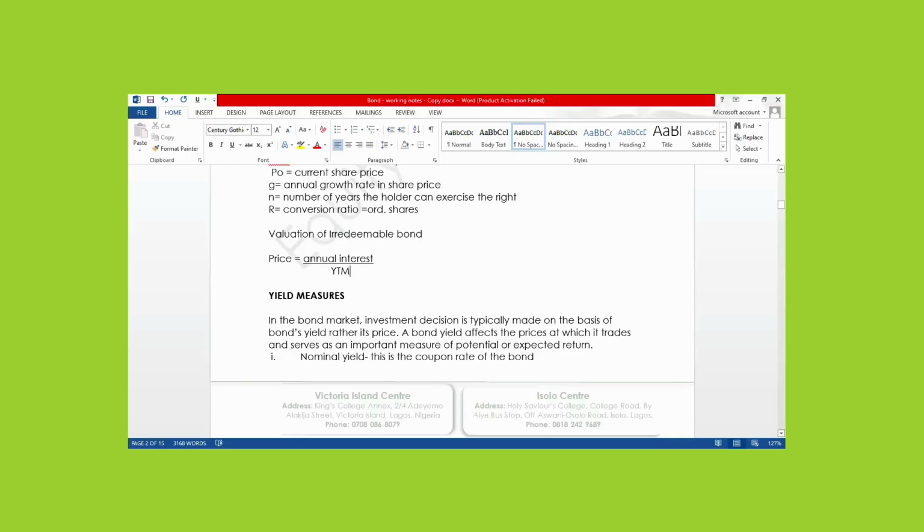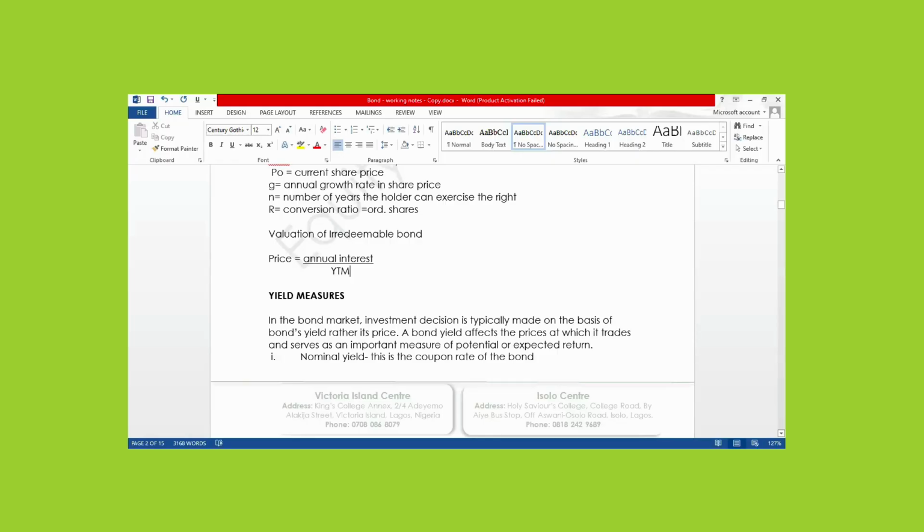In the bond market, investment decision is typically made on the basis of the bond yield rather than its price.